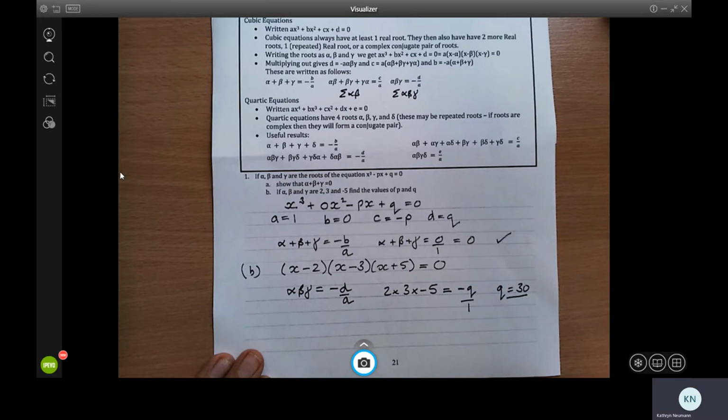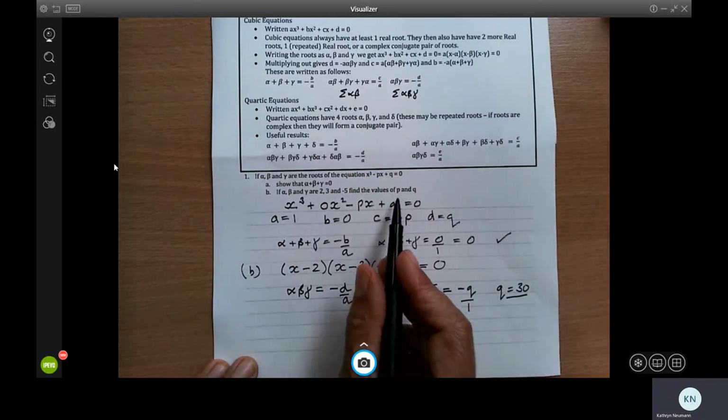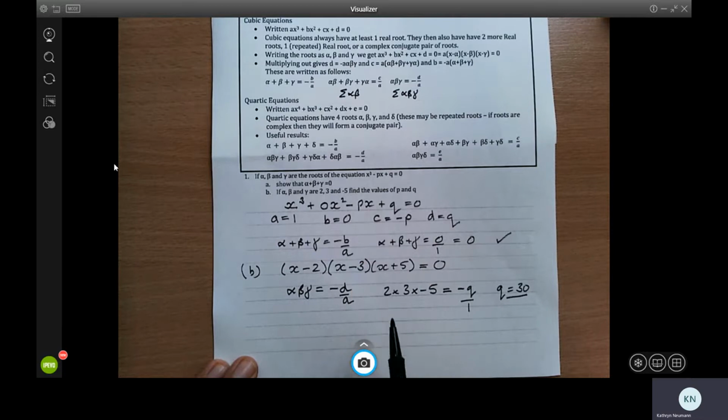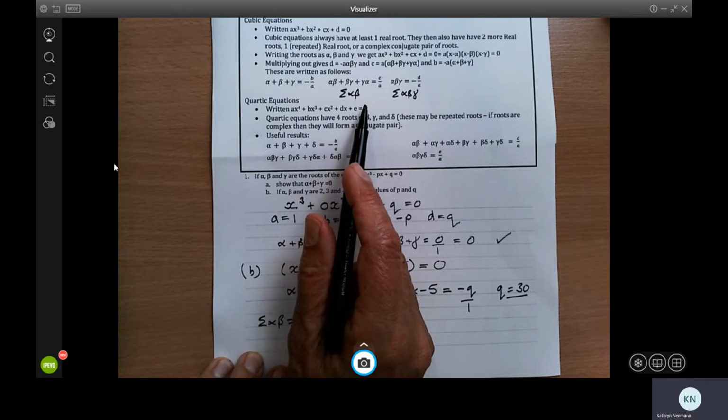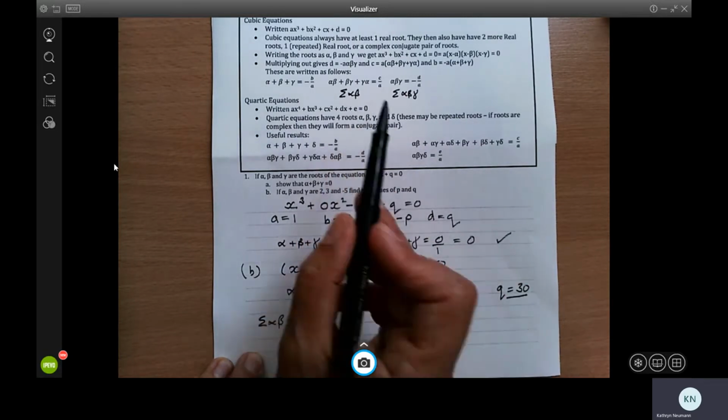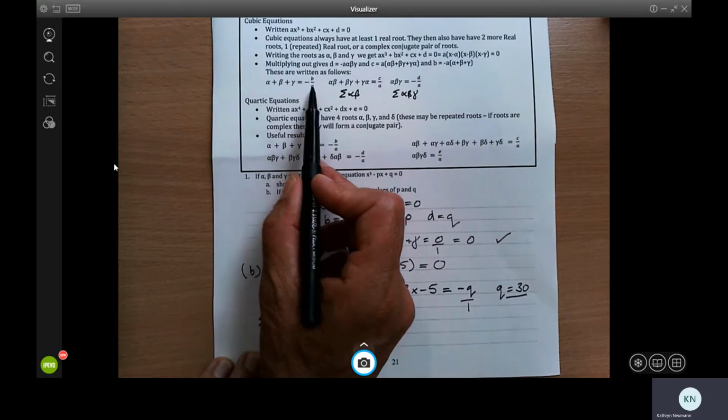Right, we now need to look at the value of p. For the value of p, we're going to look at the sum of the roots in pairs, so the sum of the alpha betas. Let's see what that's equal to. We know from what we can use up here that it's going to be c over a. A good way to remember that is that the roots taken singly is always minus b over a.